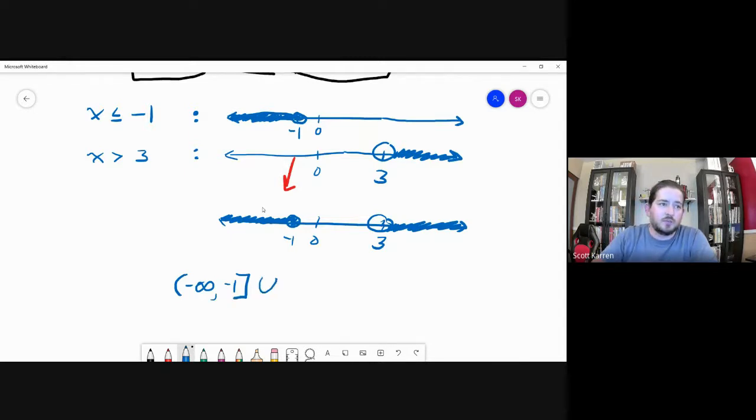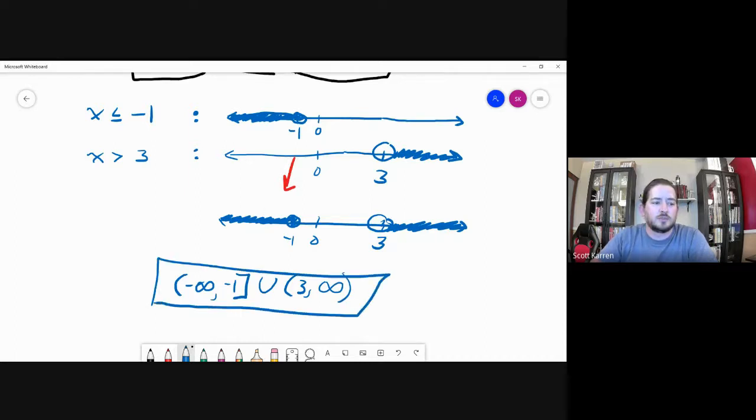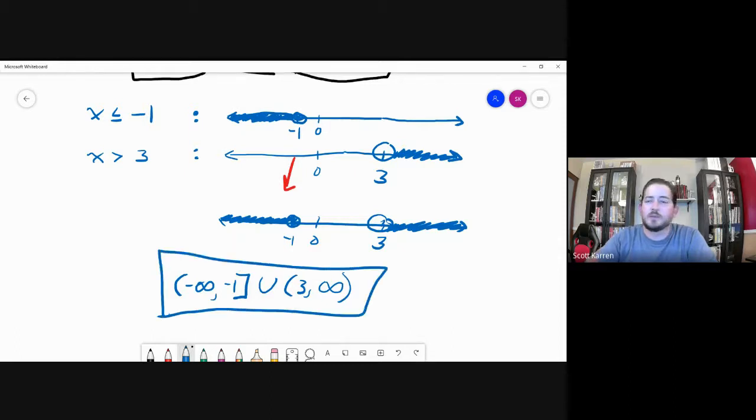Then I union that with a parenthesis on the 3, because the 3 is not actually included. It goes off to infinity. In interval notation, that's my solution. So that's what these solutions look like.